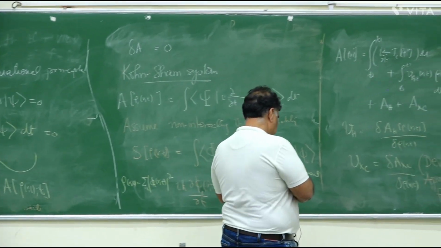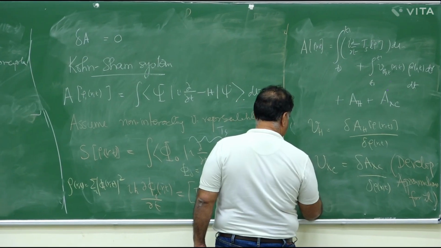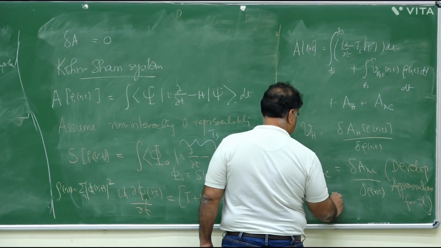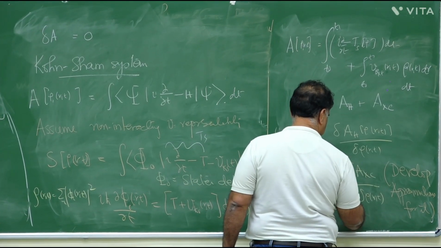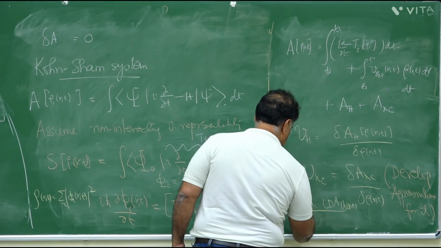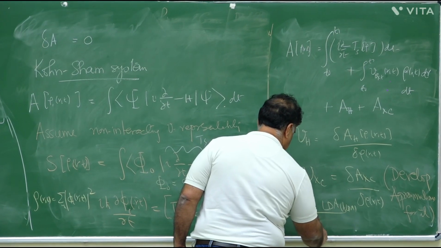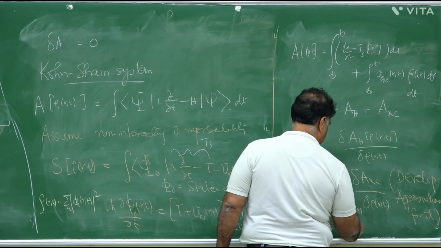Now, generally, just like the LDA, one makes an adiabatic LDA, known as ALDA, where the exchange-correlation energy counterpart is defined with rho(r,t) at that time, to the power 4/3.